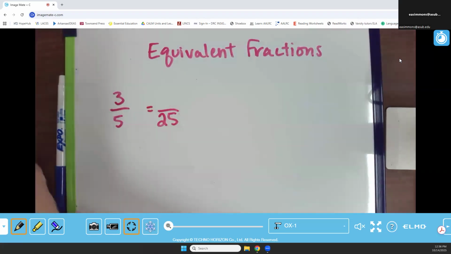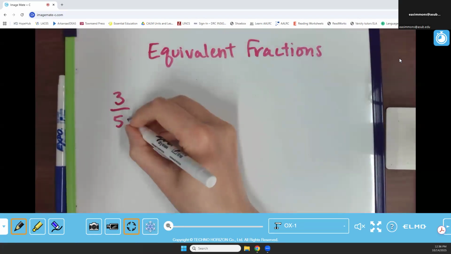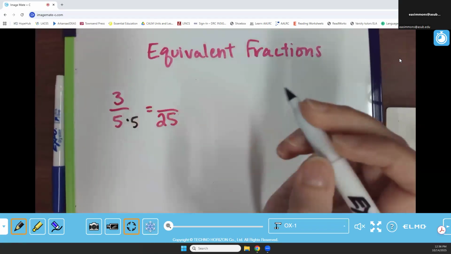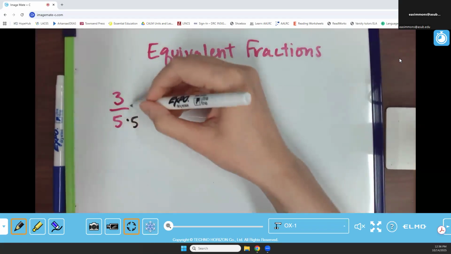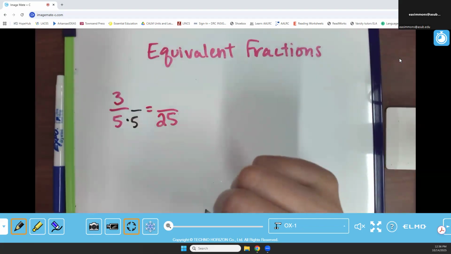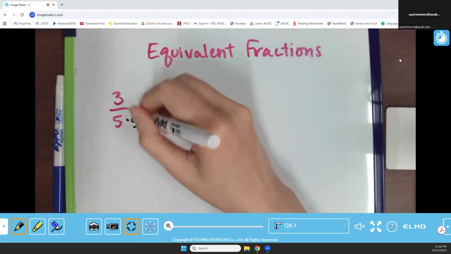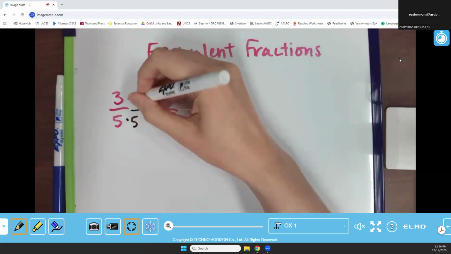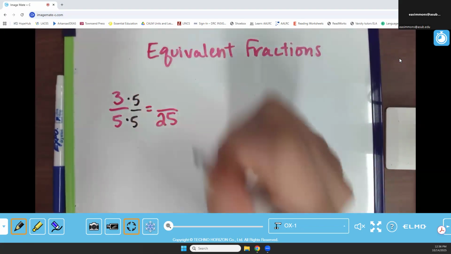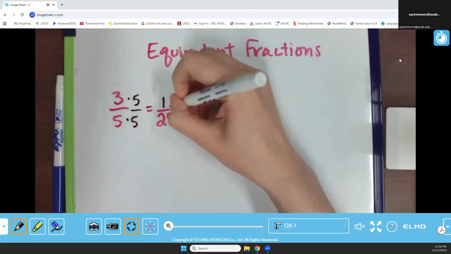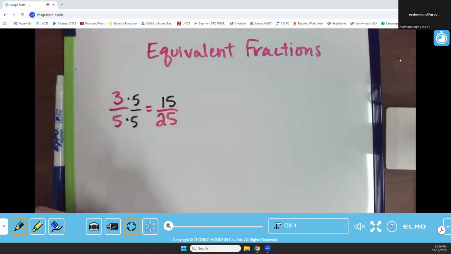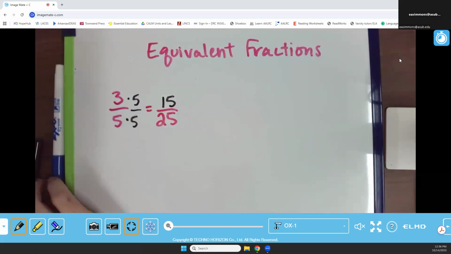I know 5 times 5 is 25. To keep this equivalent, I need to multiply my numerator and denominator by the same thing. So we're going to do 3 times 5 to get 15. So 3/5 is equivalent to 15/25.